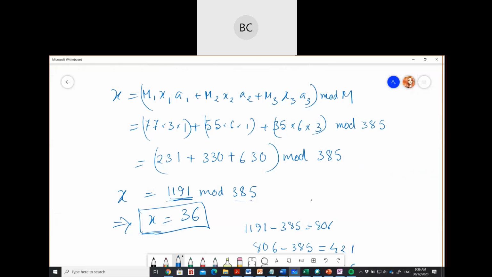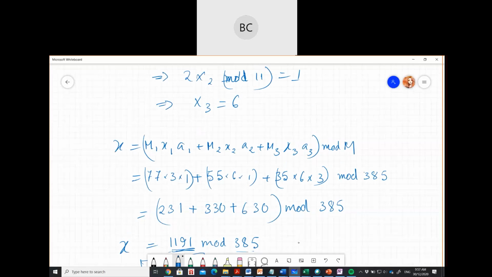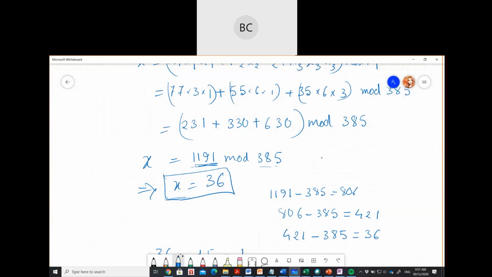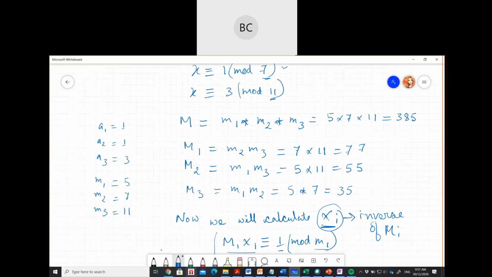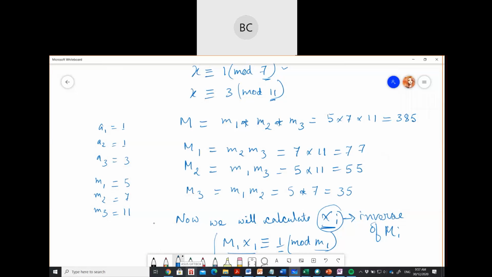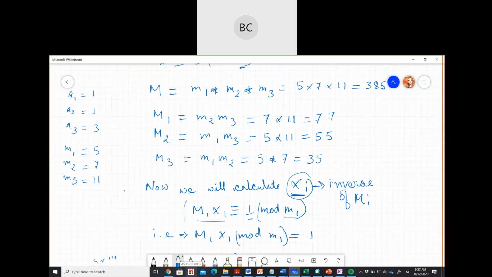So it's a bit long, but the main thing is first you need to check whether the numbers are co-primes or not. If they are co-prime, then only you can find the value of x with the help of Chinese remainder theorem. So you just need to find a1, a2, a3, then find capital M, then find M1, M2, M3.